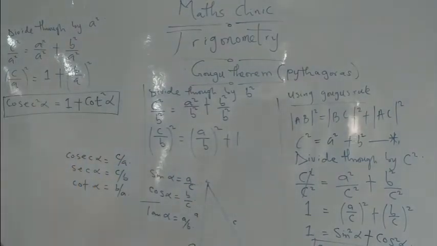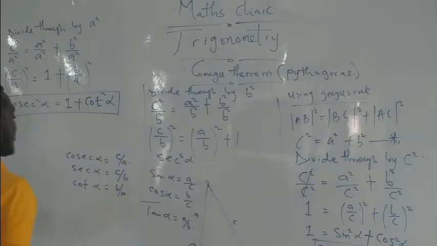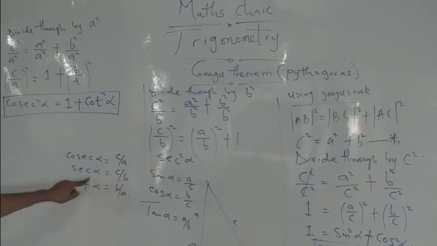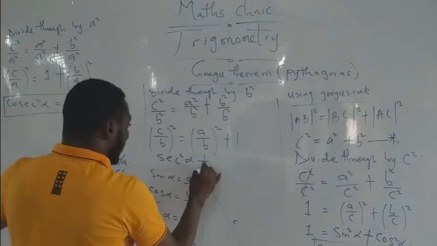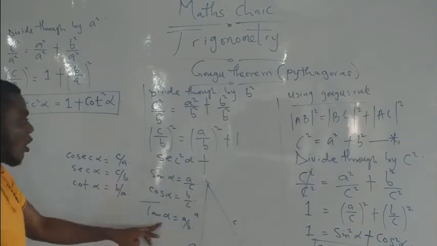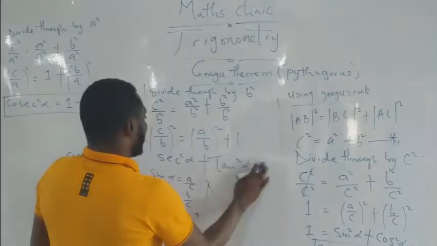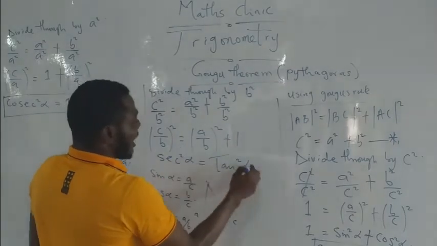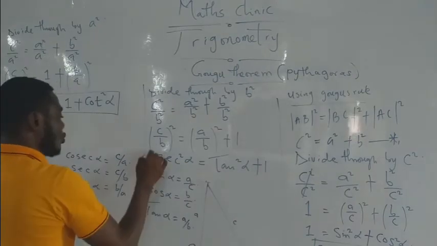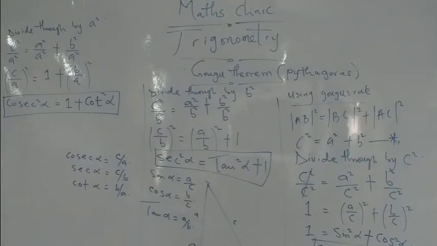What's C over B? C over B is sec, so that is sec square alpha. A over B is tan, so sec square alpha equals tan square alpha plus 1. So this is the third identity. Please take note.